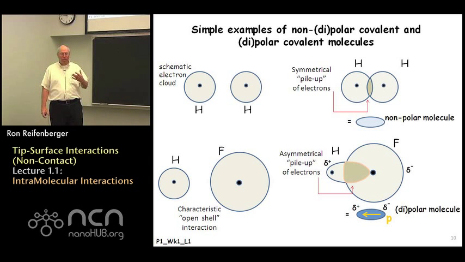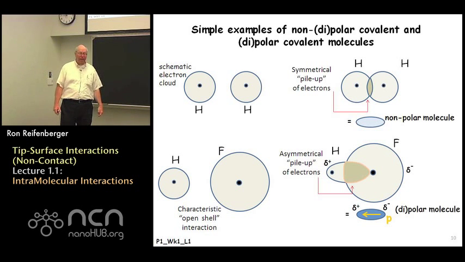And in practice what they do is they pile up symmetrically in the space between the two nuclei of the atoms, and this symmetric pileup, of course, gives rise to the chemical bond that holds the two hydrogen atoms together.